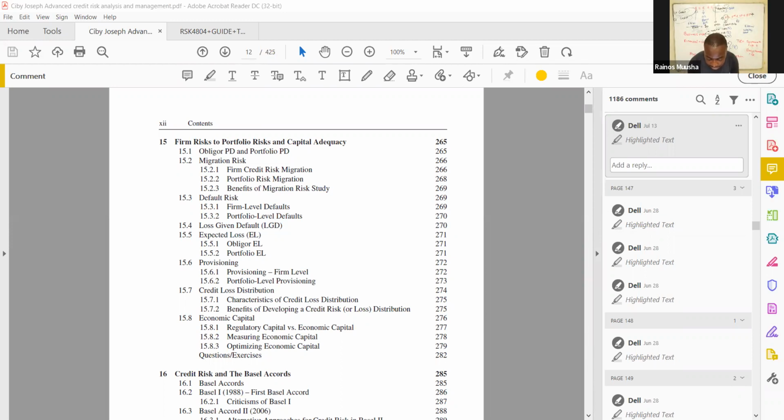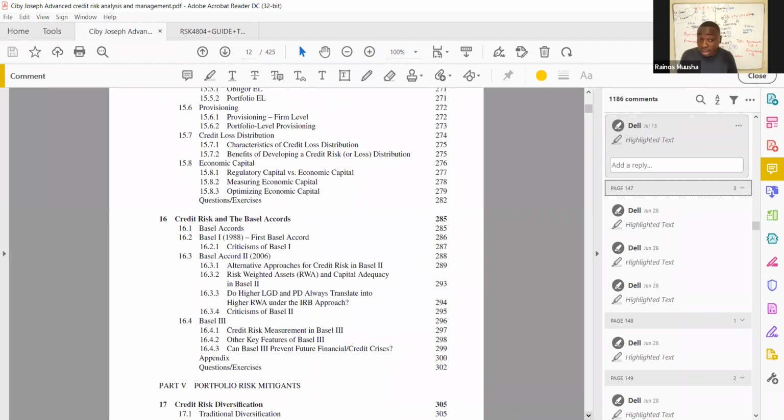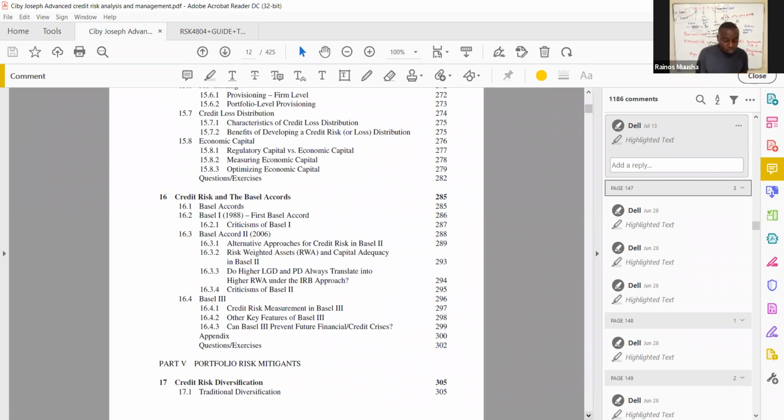Then chapter 16 looks at credit risk and the Basel Accord. Remember, with every economy, you want to make sure that there is confidence in the economic system.